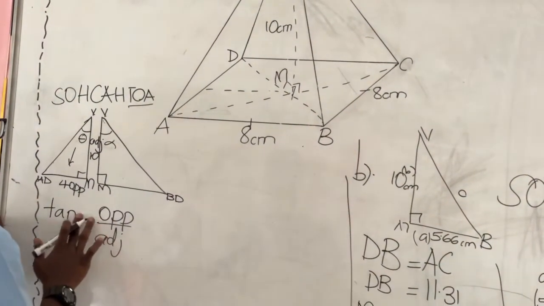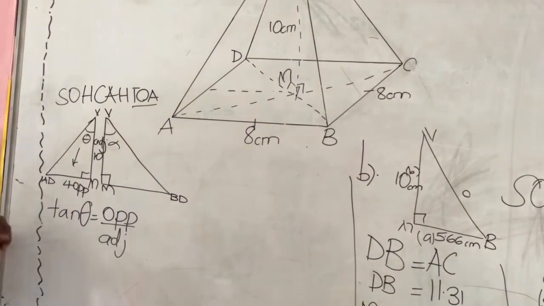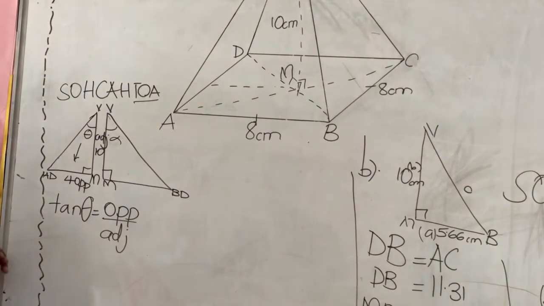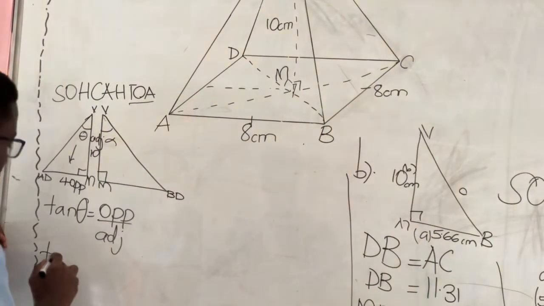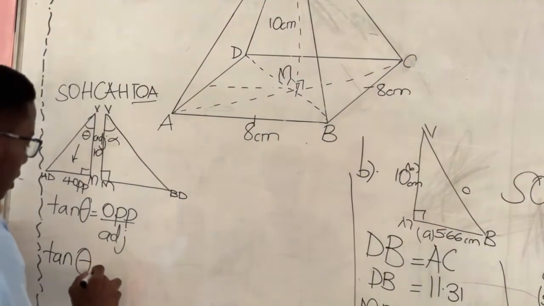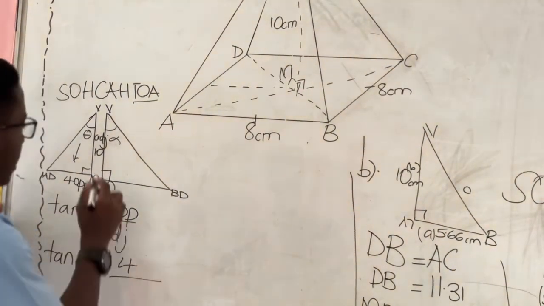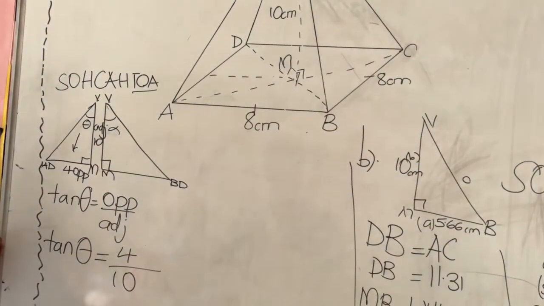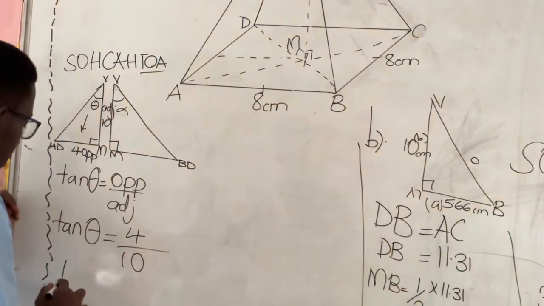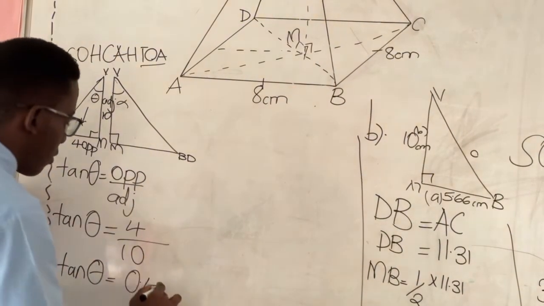No, sorry, forgot. It's supposed to be tan theta is equal to opposite out of adjacent. Sorry for my mistake. Then tan theta is equal to, the opposite is 4, the adjacent is 10. From simple calculation in class, since we're in S4, we know that tan theta is equal to 0.4.